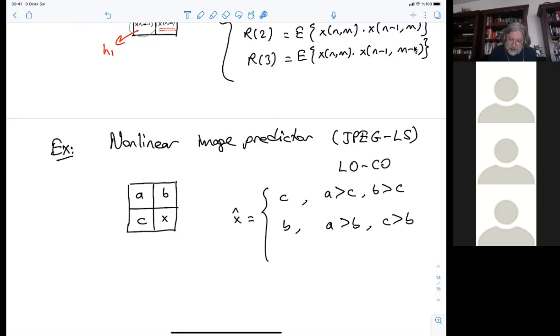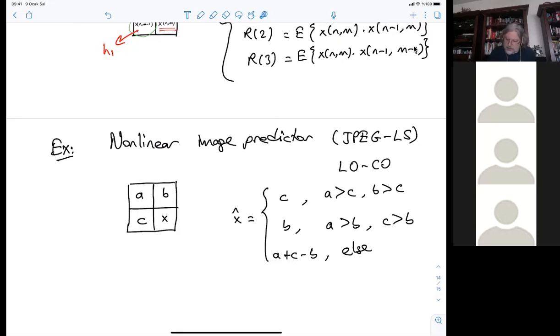And the other one is a plus c minus b, where we can say else. Then it corresponds to a kind of a diagonal thing. So this a plus c minus b is just an average.